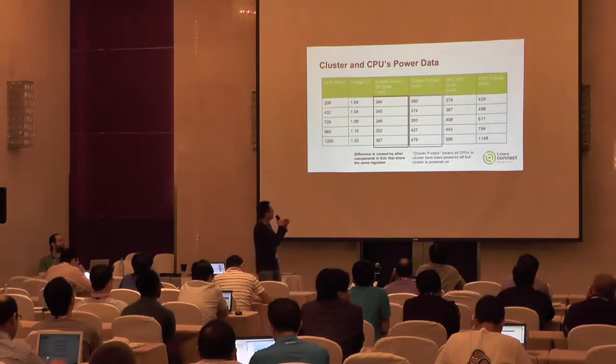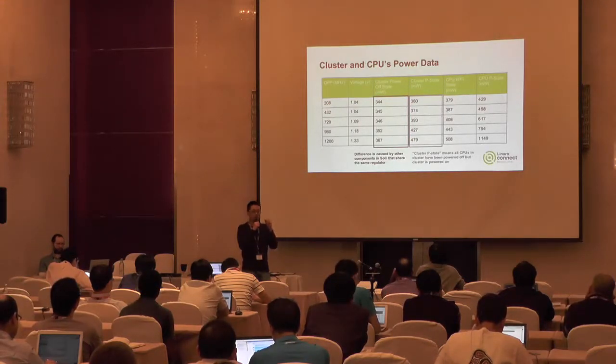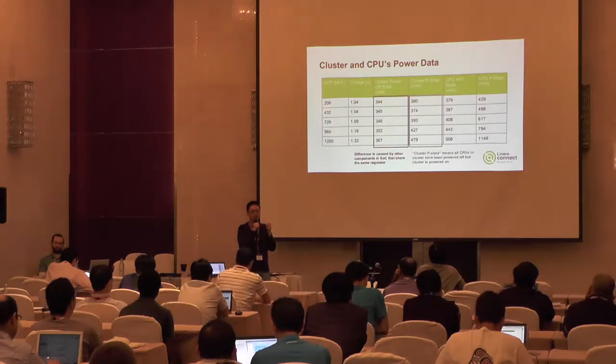For the cluster level P state, it means that all the CPUs have been powered off, but we have one cluster level that has been powered on. So for the cluster level, its clock and its power domain are enabled.